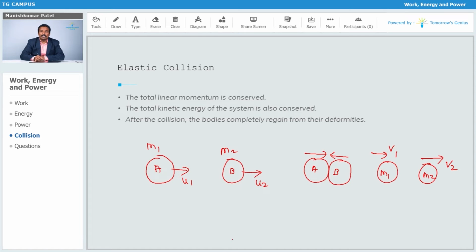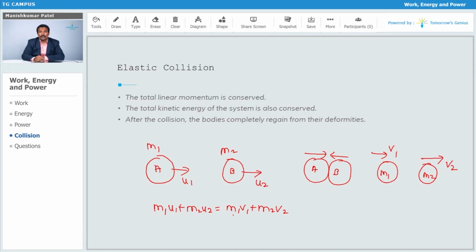Now what will happen: the total linear momentum is going to be conserved, meaning the momentum before collision is the same as the momentum after collision. So m1 u1 plus m2 u2 is equal to m1 v1 plus m2 v2.